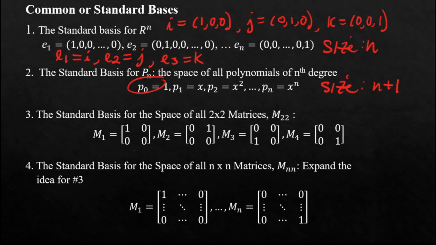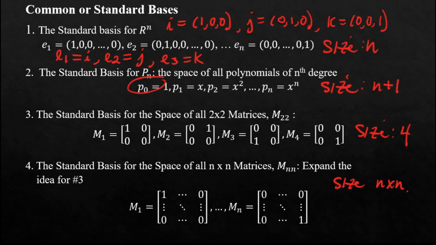Here, for number 3, the standard basis for the space of 2 by 2 matrices. Notice the count would be 2 times 2, so you get 4. So here the size is 4, and then down here the size is n times n.